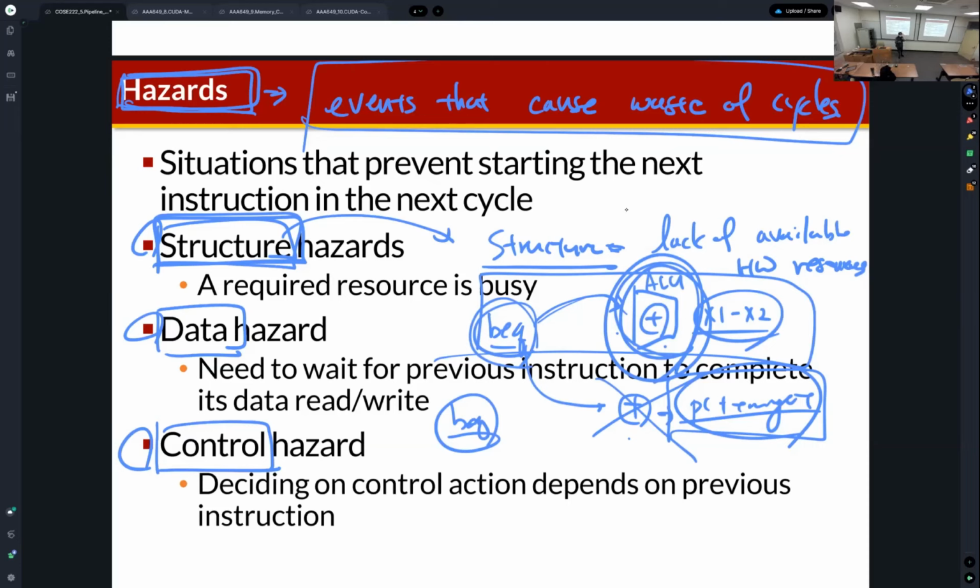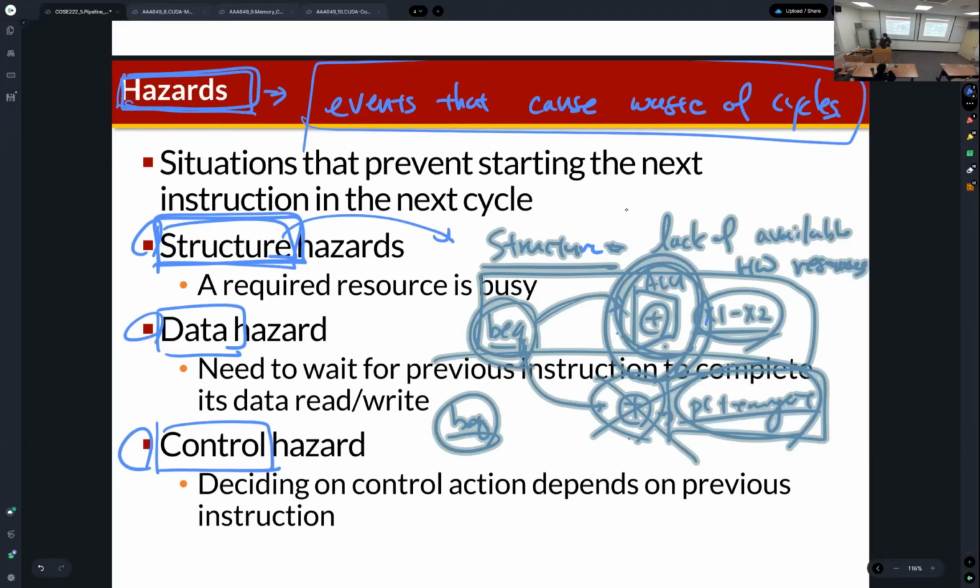This kind of hazard is called a structure hazard: because of limited hardware resources, clock cycles can be wasted. Fortunately, our processor design does not exhibit any structure hazard, because in the single cycle processor we added the additional adder for BEQ.